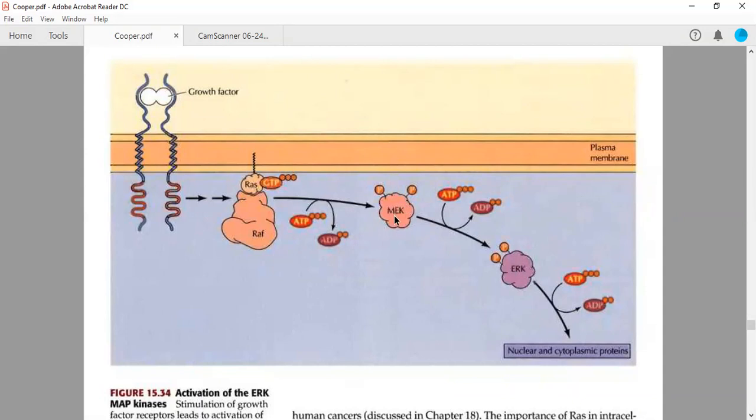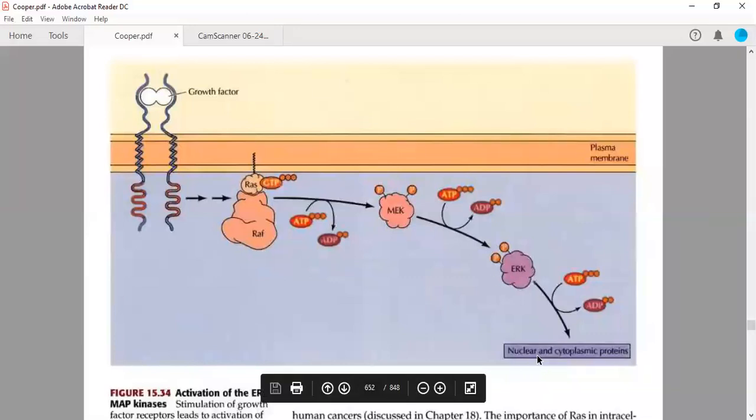And RAF protein is one more kinase. So there are 3K, there is 2K, and there is only 1K. This is a kinase actually. This kinase will go inside the nucleus and it will phosphorylate because it is a kinase. And it is a serine-threonine kinase, so it will go inside the nucleus. And certain cytosolic proteins also it will be able to phosphorylate.